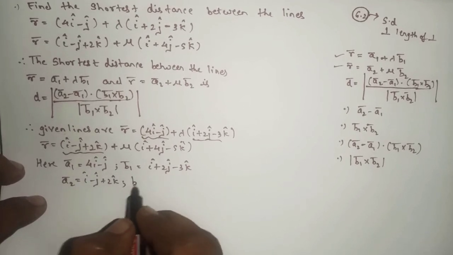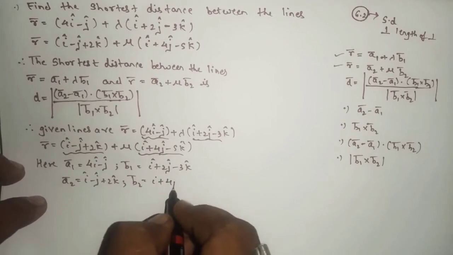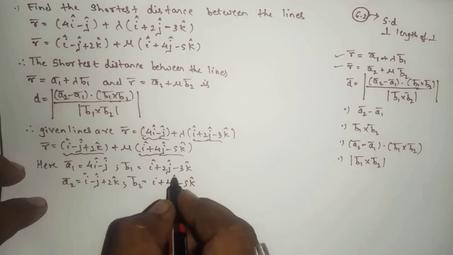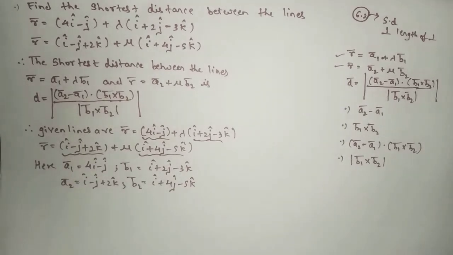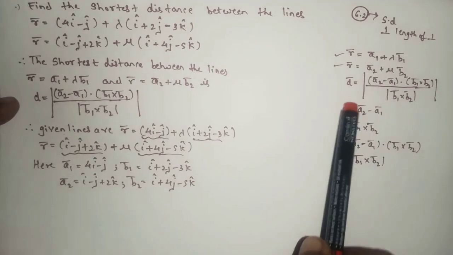And b2 is i plus 4j minus 5k. So here we got a1, b1, a2 and b2. Okay, so now we'll follow these steps.